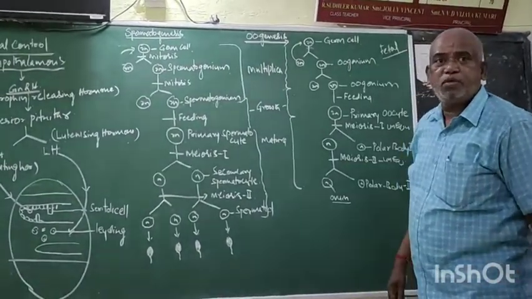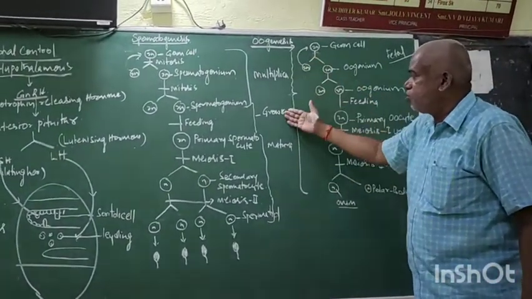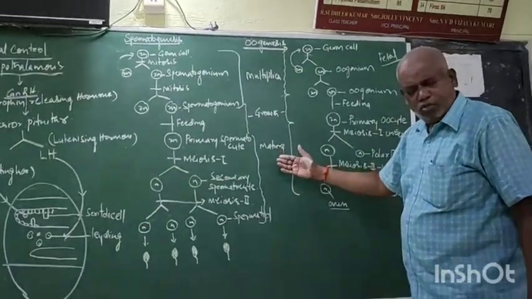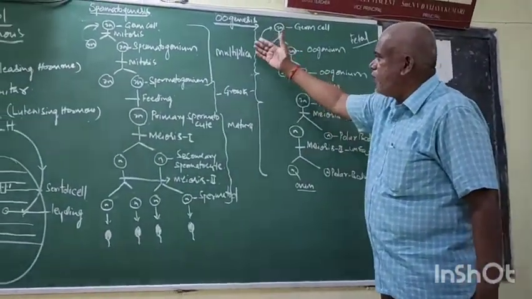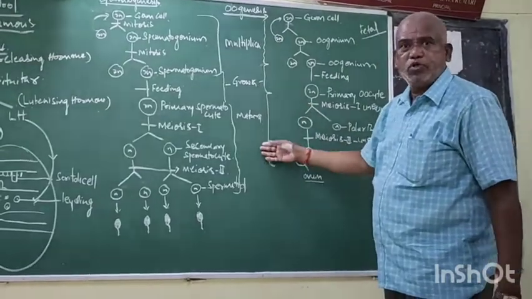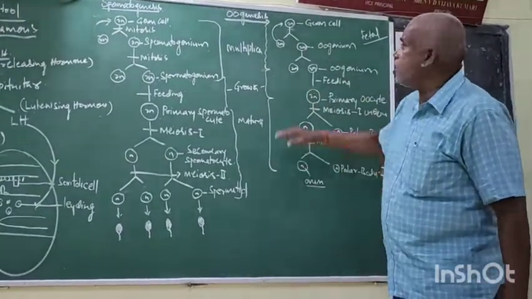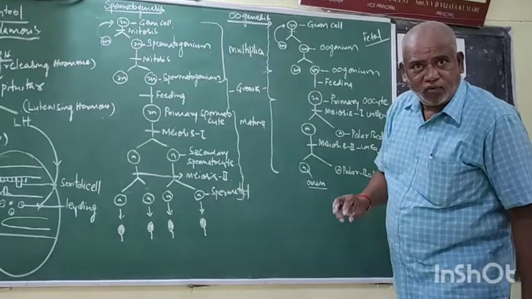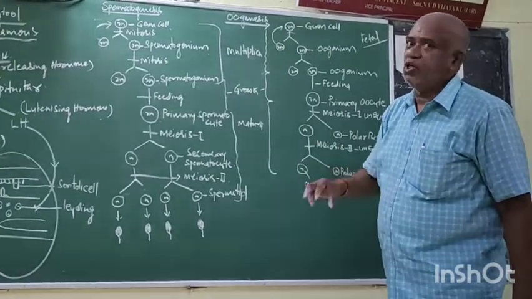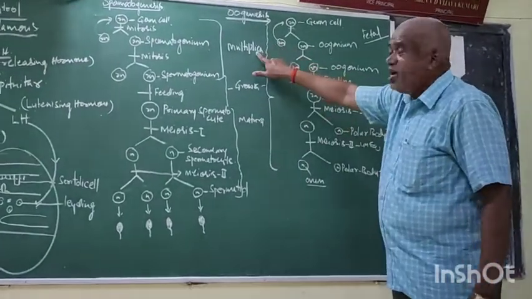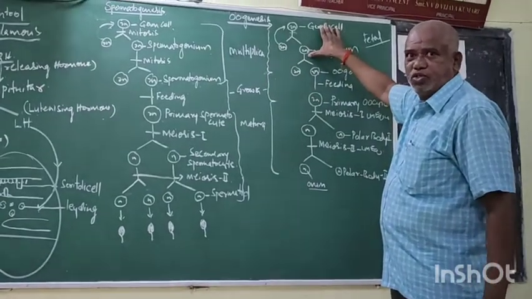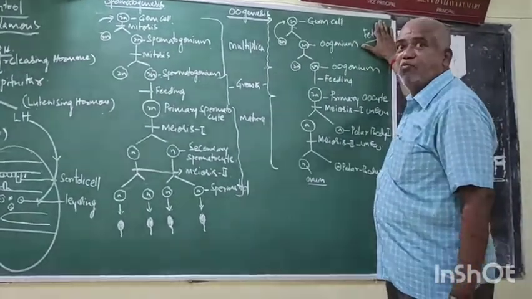Oogenesis: name the 3 steps, 3 phases. Multiplication, growth phase and maturation phase. Once again: multiplication, growth phase, maturation. These are the 3 phases which occur during oogenesis. But multiplication of oogenesis occurs in the fetal stage.